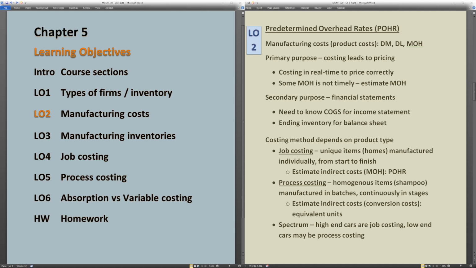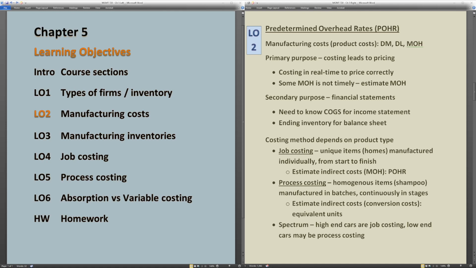We call it cost of goods sold. So by understanding our inventory, we're able to come up with two numbers. How much inventory did we sell? That's cost of goods sold for the income statement. And how much inventory do we have left? Well, that's ending inventory for the balance sheet.